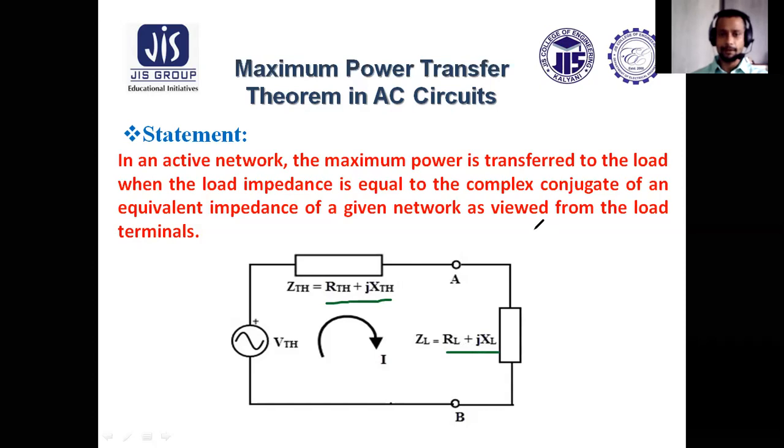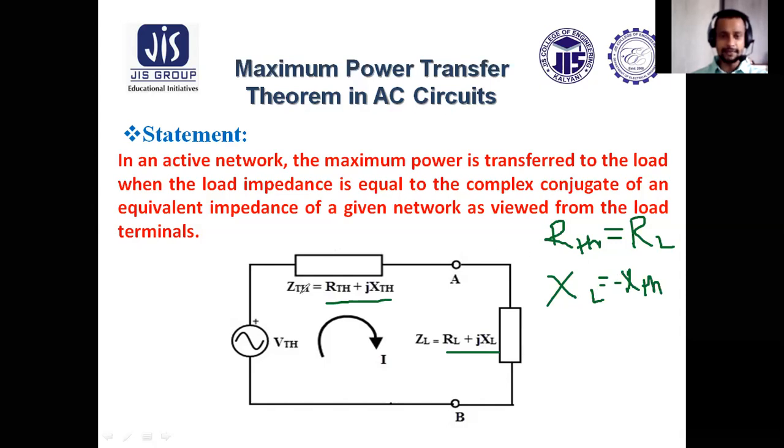Complex conjugate means the real part will be equal, but the imaginary part of the load impedance will be minus of the internal impedance of the network.